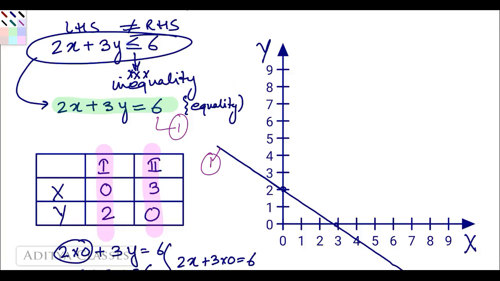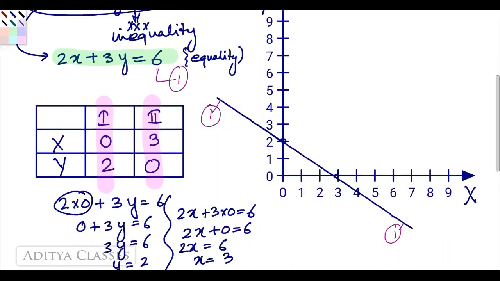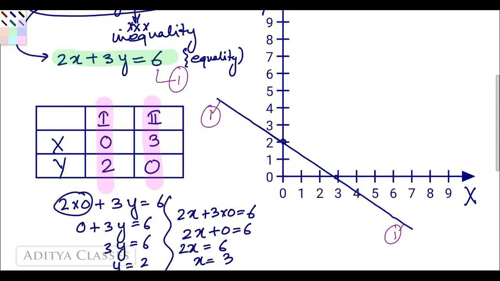So where is this less than area? A very simple method to identify the less than area is to first consider this complete line that we have drawn. This is 2x plus 3y is equal to 6.